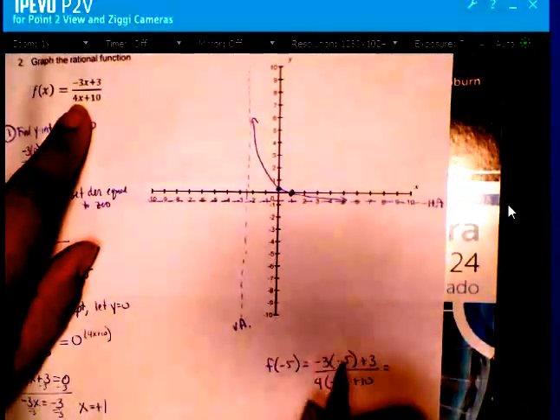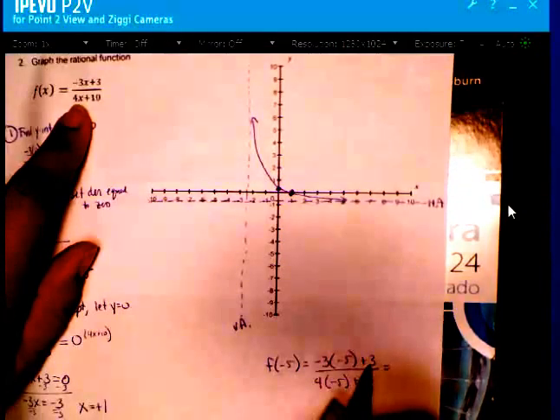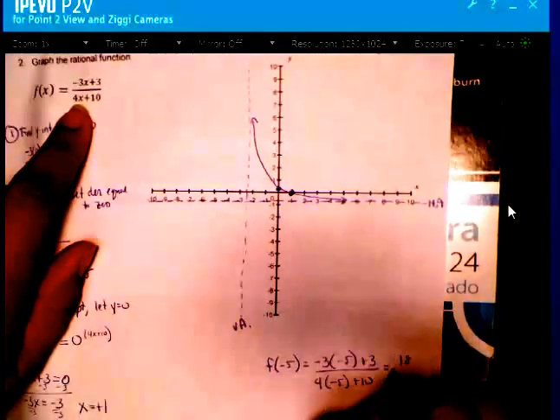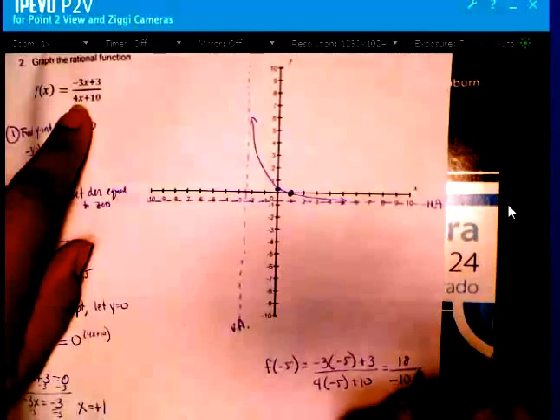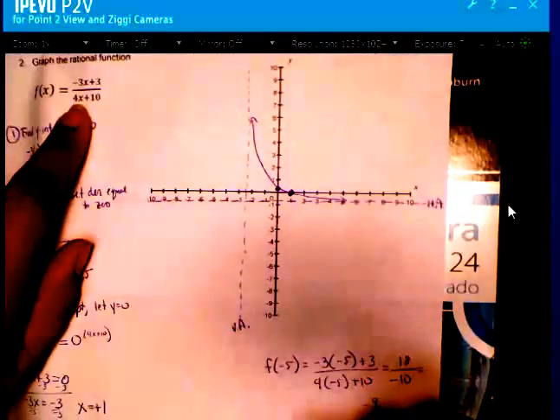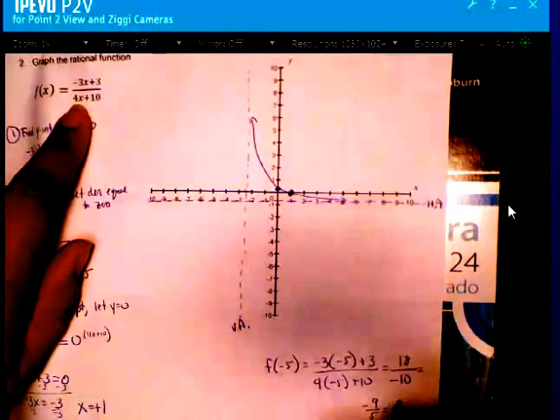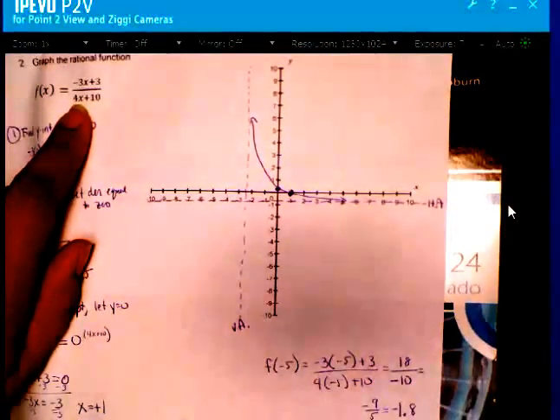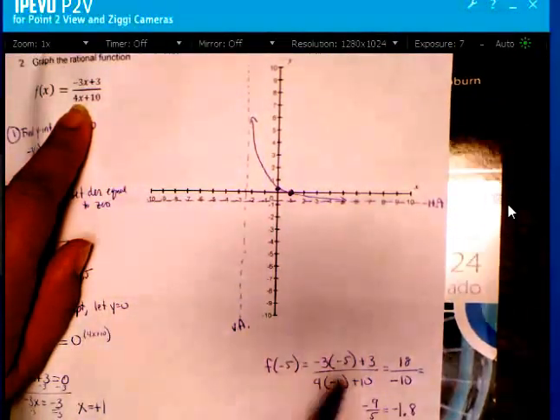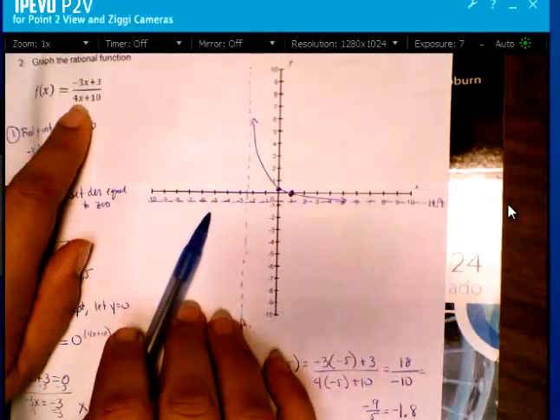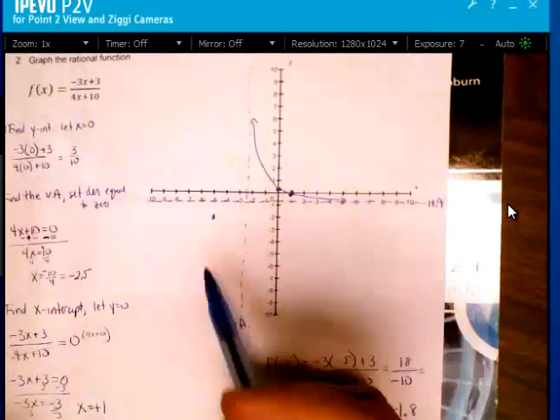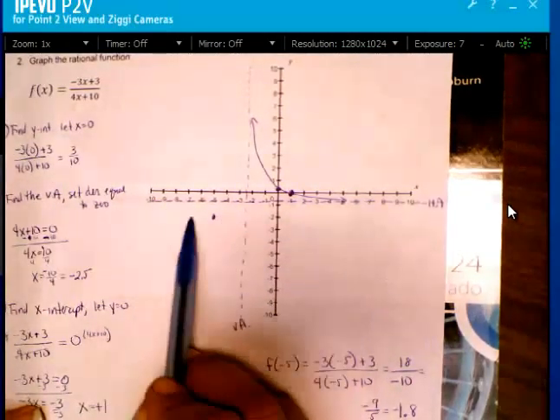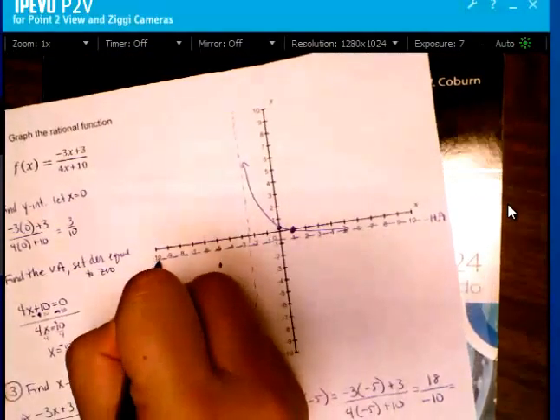So in the numerator, we have a positive 15 plus 3 gives me a positive 18 over, this gives me a negative 20 plus 10 gives me a negative 10, which reduces to negative 9/5, or we can say negative 1.8. So that means that at negative 5, the output is at negative 1.8. So our point's down here, which means that our entire function must be right through here.